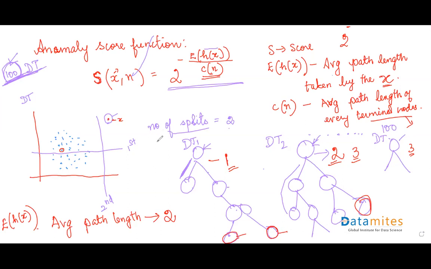The number of observations, or the number of data points in our data set, that many terminal nodes we will have. So it is going to calculate the average path length of all the terminal nodes, and it will compare across all the decision trees. It will take the average of that. By computing these values, it is going to calculate the score for each data point.